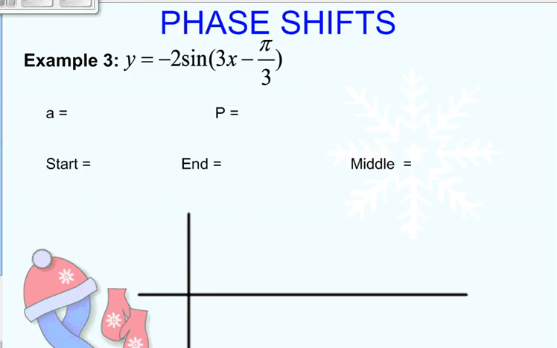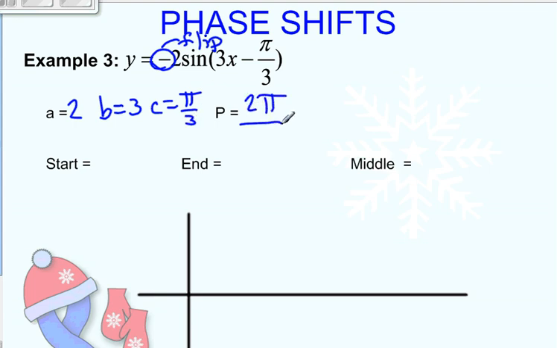Okay, let's do it again. We got an A of 2. Remember, A is never negative, but this tells us we flip. Okay, a B of 3, a C of pi over 3. Our period is 2 pi divided by our B, so 2 pi over 3.